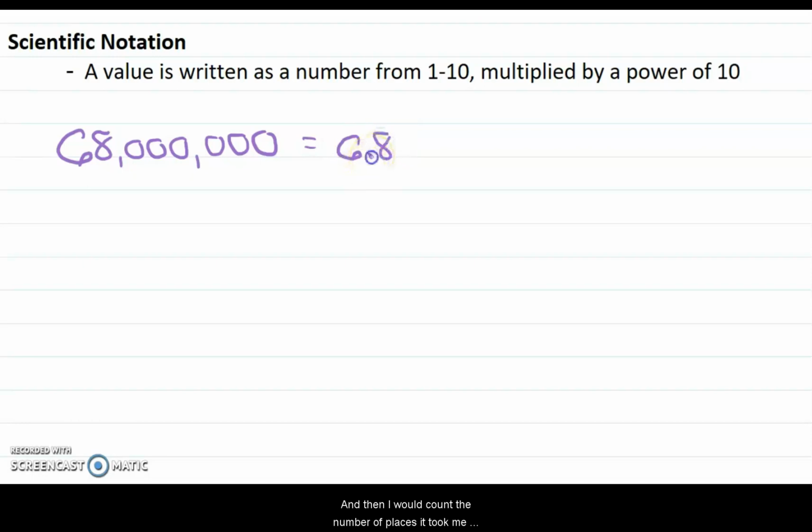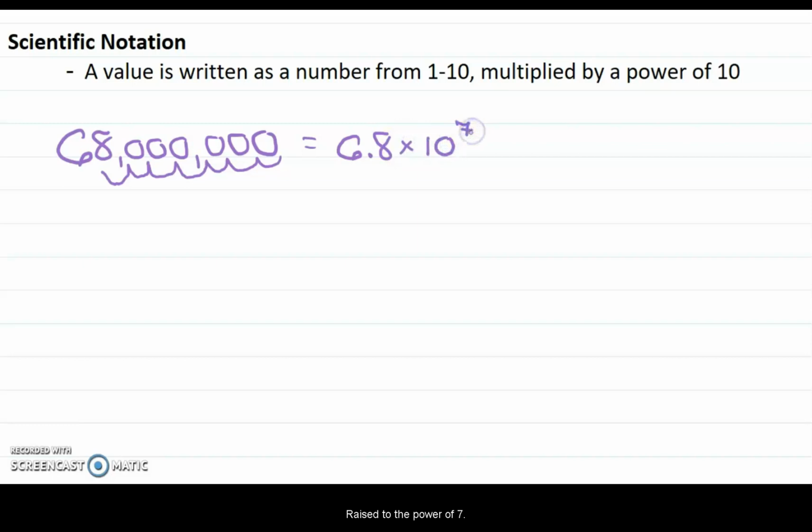And then I would count the number of places it took me to get to that 6.8. So 1, 2, 3, 4, 5, 6, 7. Right? And that's going to be my exponent. So it's 6.8 times 10 raised to the power of 7.